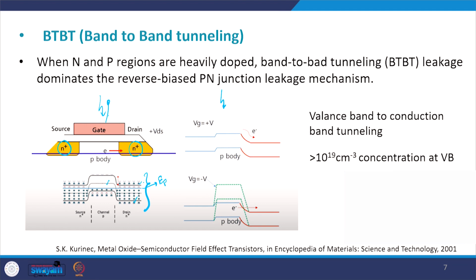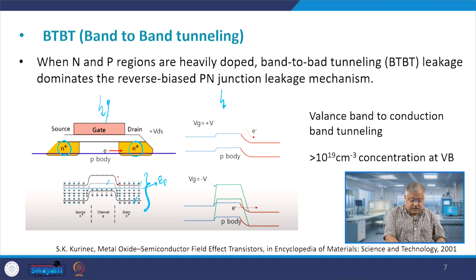As you can see, both the source and drain being N plus regions, my Fermi level is very close to the conduction band edge. At the gate side, since it is a p type semiconductor, it is very close to the valence band edge. So this is a p type channel, this is an N plus source and this is an N plus drain.